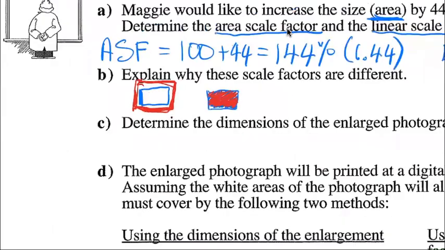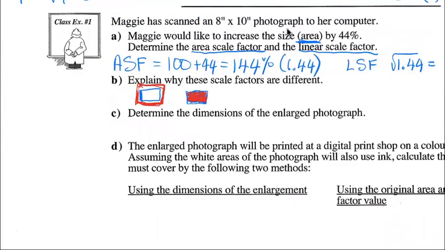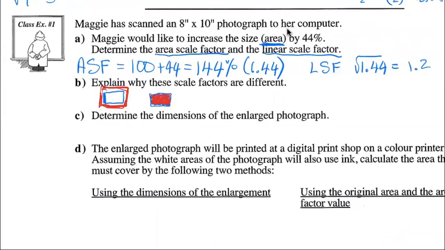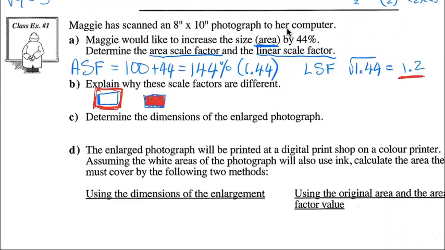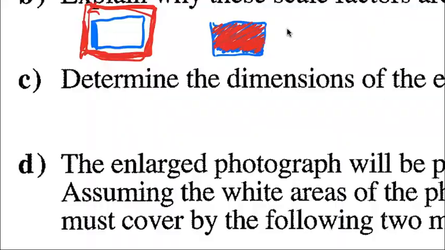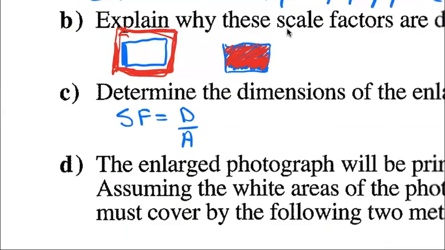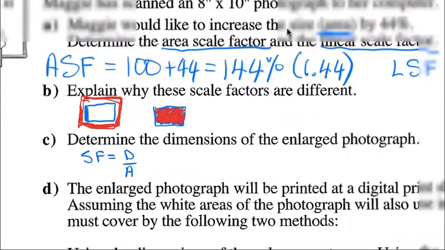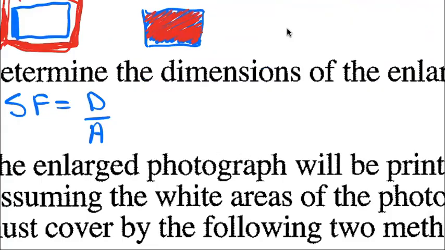Question C, determine the dimensions of the enlarged photograph. Now that we have a linear scale factor, we can apply that linear scale factor and get our new dimensions. And we do that just like we have been. Scale factor is equal to drawing over actual. And remember, we have 2 dimensions, so we have to do 2 calculations. Our scale is 1.2 to 1, just make it a fraction, is equal to x over my 8.